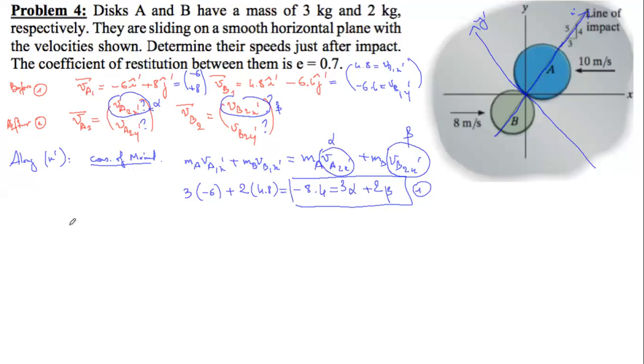Second equation will come out of the coefficient of restitution. So still along the line of impact, I will use the coefficient of restitution, E, which is 0.7.